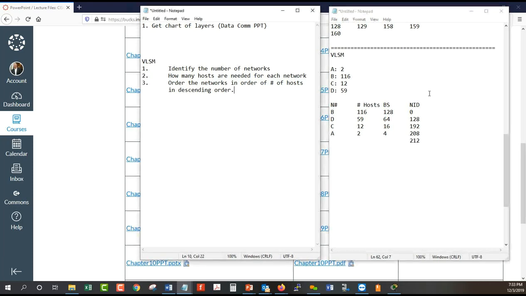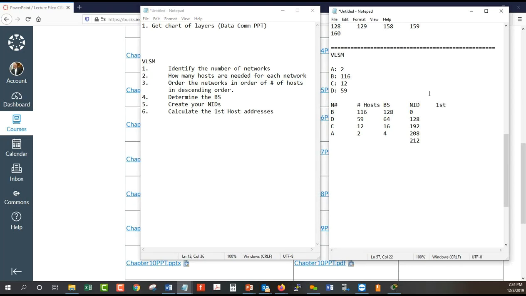And so let's continue with these 4. Determine the block size. 5. Create your network IDs. 6. Calculate the first host addresses, and that's what we're going to do now.